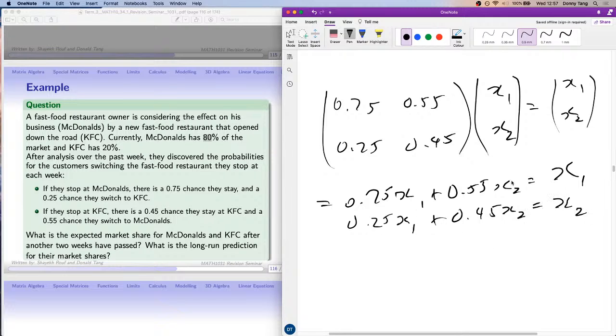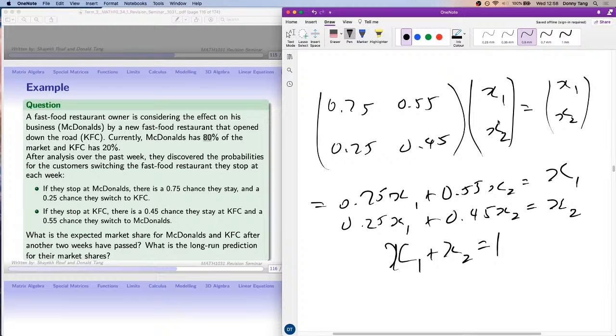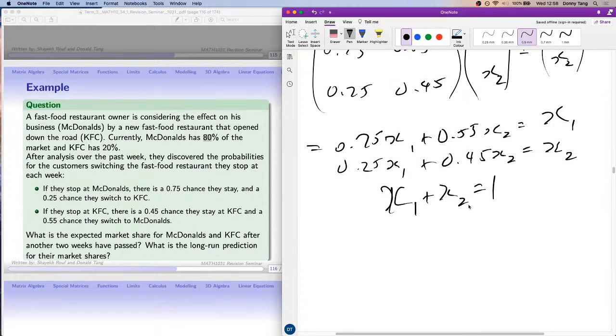And these are our simultaneous equations that we need to solve. As we can see, we have two variables, x1, x2, and two equations, which means we can solve it. And to help us, we also have one more very useful equation, x1 plus x2 equals 1, because the column must add up to 100%.